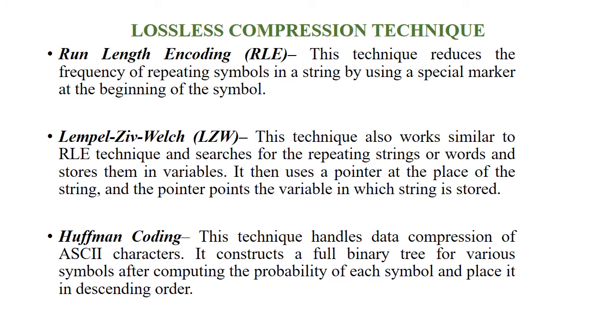Then the third lossless compression technique is Huffman coding. This technique handles data compression of ASCII characters. It constructs a full binary tree for various symbols after computing the probability of each symbol and places it in decimal.